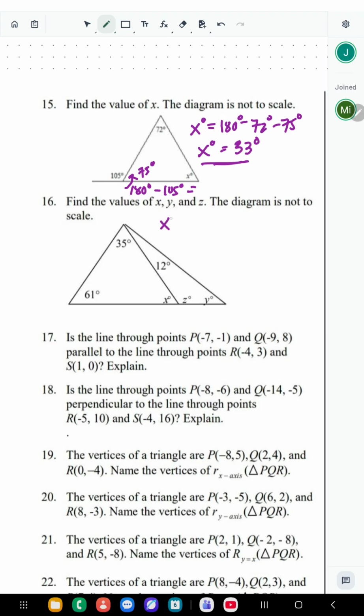So x is just equal to 180 minus 61 minus 35 degrees. Okay, so that is 84 degrees.